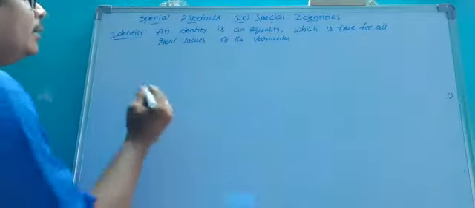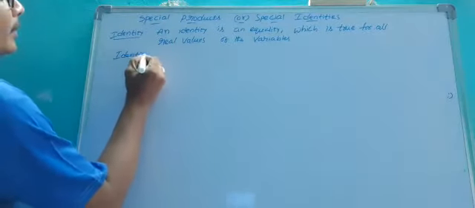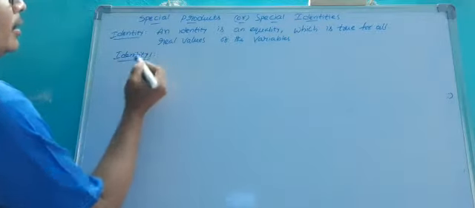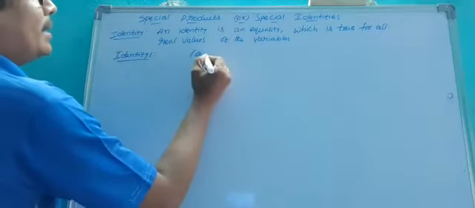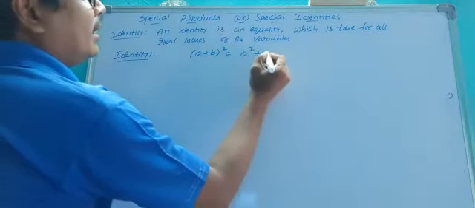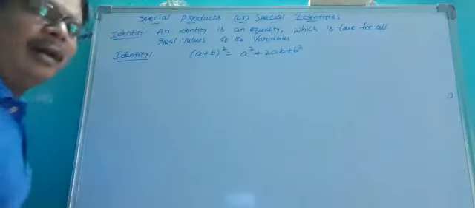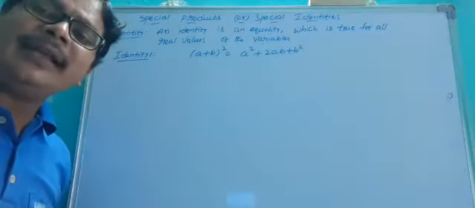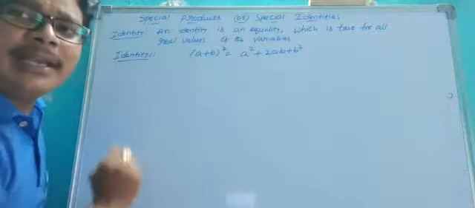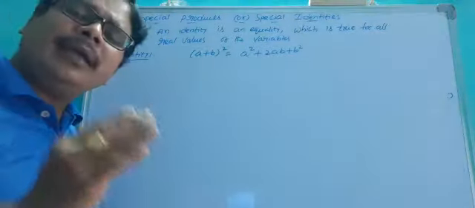Already you know the first identity. Identity number one: (a + b) whole square equals a square plus 2ab plus b square. You learned this identity in your 8th class. What are the variables here? a and b.